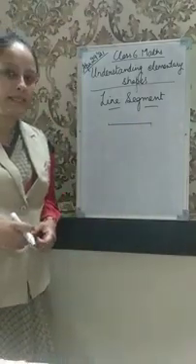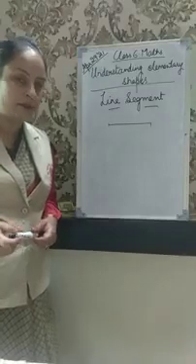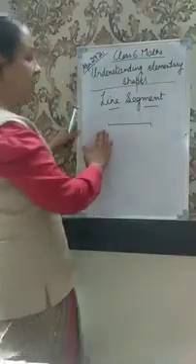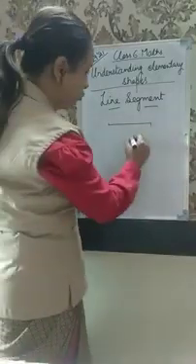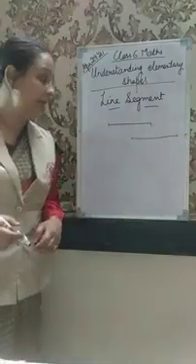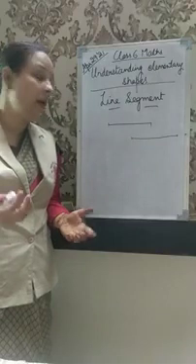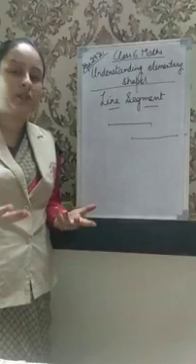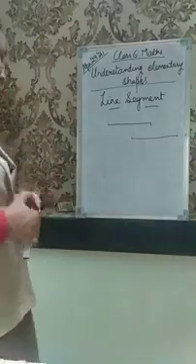The shortest distance between two given points is a line segment. So, let's say I have got two line segments. How will I compare the two? That is my first topic.